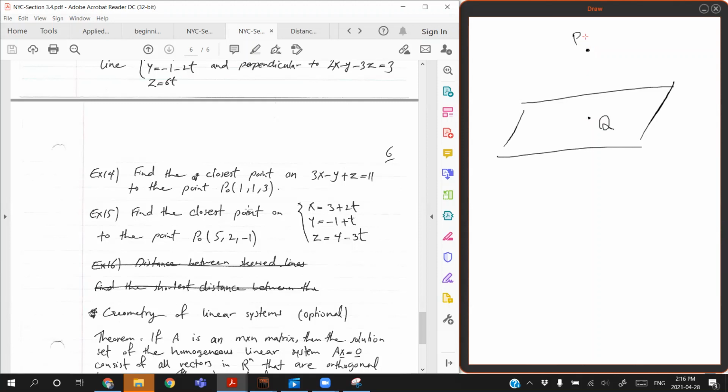You can find an equation of this dashed line, the line that is orthogonal to the plane and passes through P. And it's very easy to do because you have a normal vector for the plane. And the normal vector for the plane is going to be parallel to the line. So you find the equation of that line, and then you find the point of intersection between the two. So that's how you do this one. Is it clear?